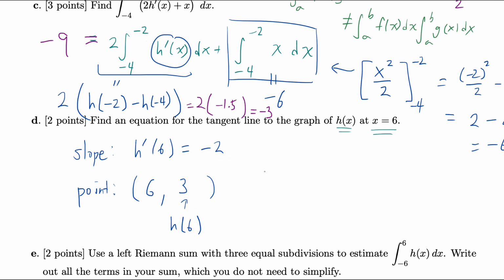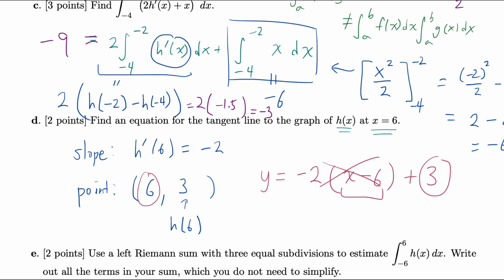That's easy enough to manage. So we know we should have y equals negative 2 times something, because that's the slope. And let's make sure it goes through (6, 3). One easy way of doing that is to write the parenthesis x minus 6, plus 3. Because now when I plug in x equals 6, this thing vanishes, so we just get the output of 3. So this is exactly the line we want.